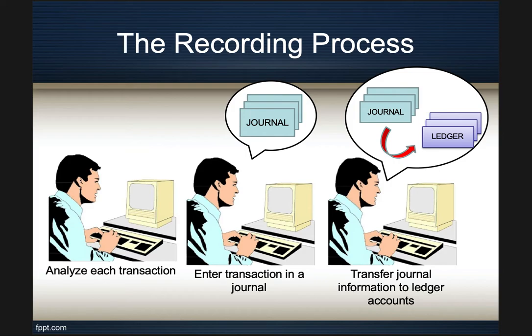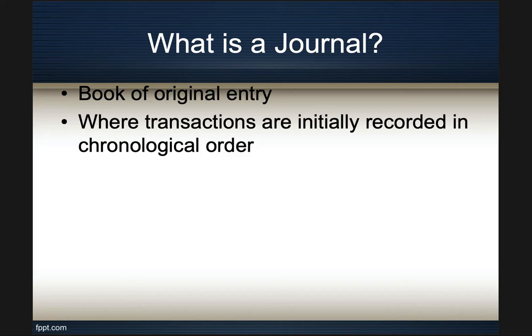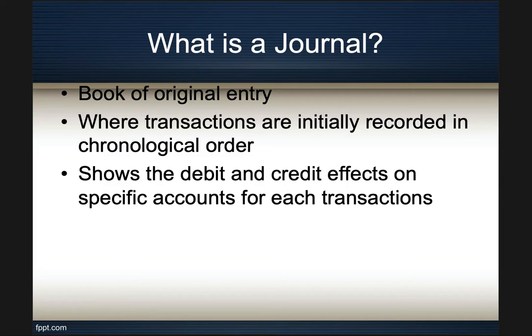Okay, so now what is a journal? A journal is what we call a book of original entry because it is where the transactions are initially recorded in chronological order. So it shows actually the debit and the credit effects on specific accounts for each transaction.